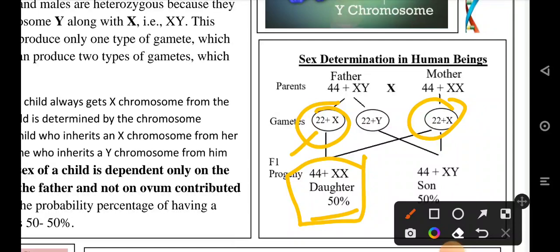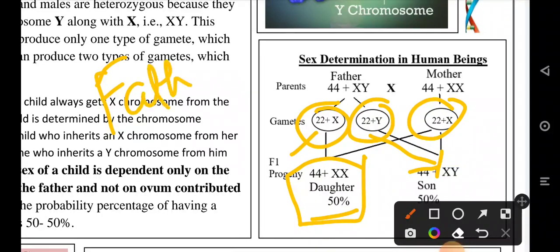In the other case, 22 plus Y from the male, the father, and 22 plus X from the mother gives a 50% chance of having a son. So we can say from this that the father's chromosomes are the deciding factor for sex determination of a child.